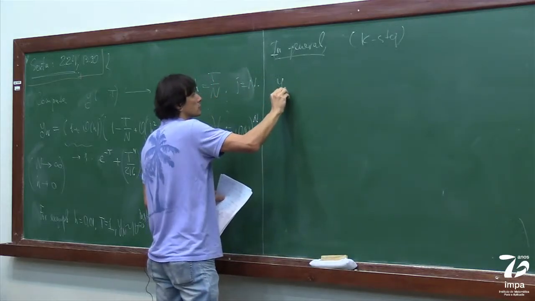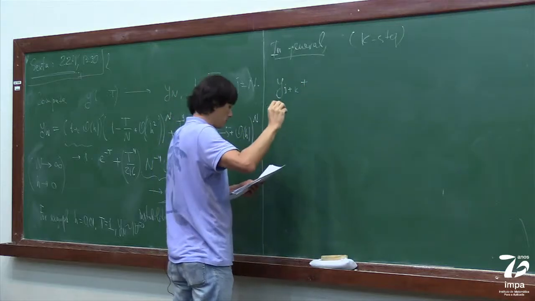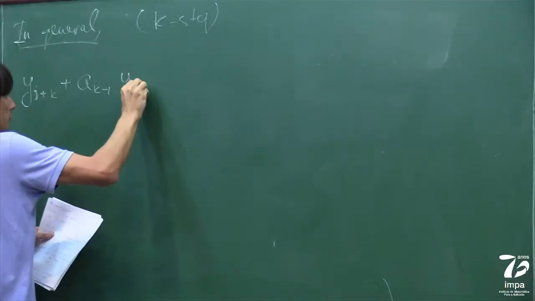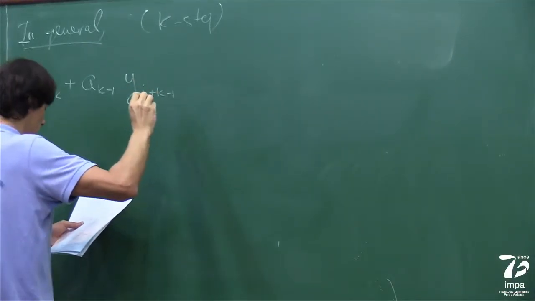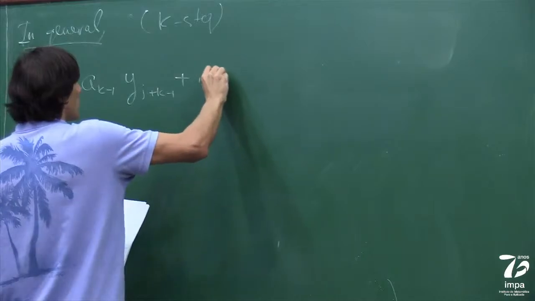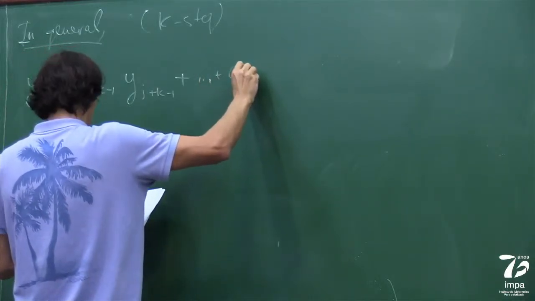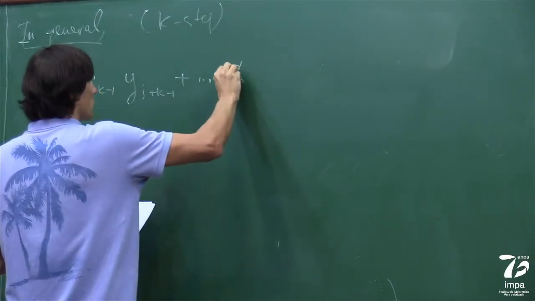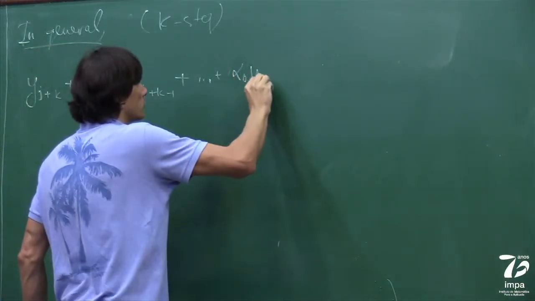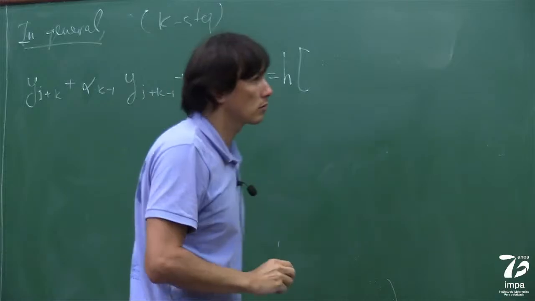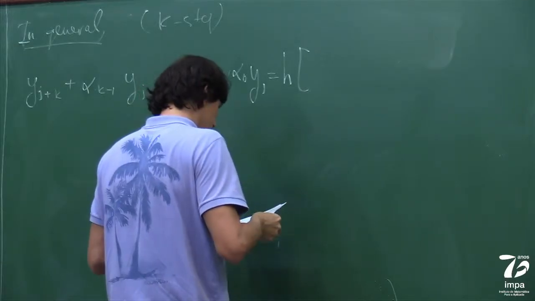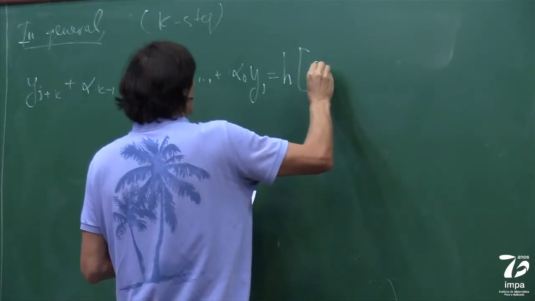Let's just write it again: y_{j+k} + α_{k-1} y_{j+k-1} + ... + α_0 y_j = h, then the whole stuff, with β_k.